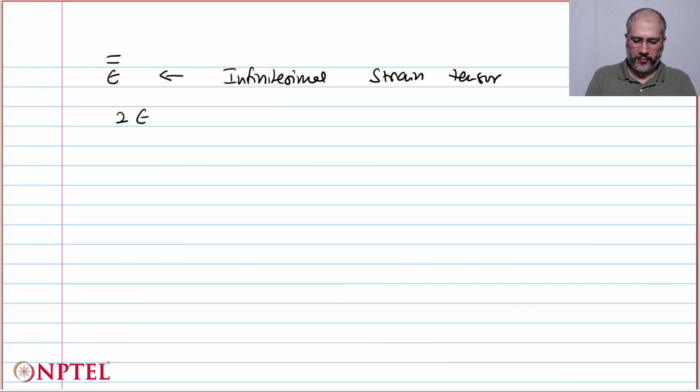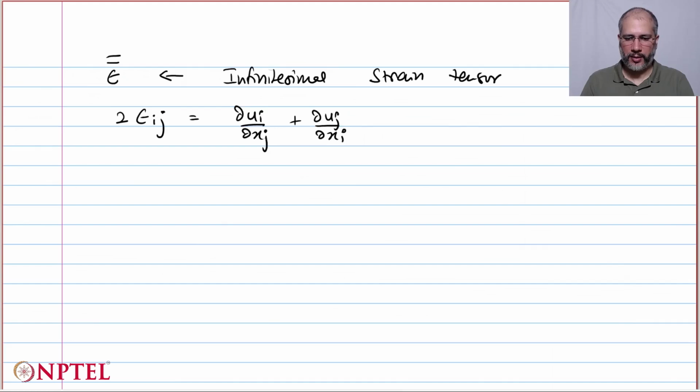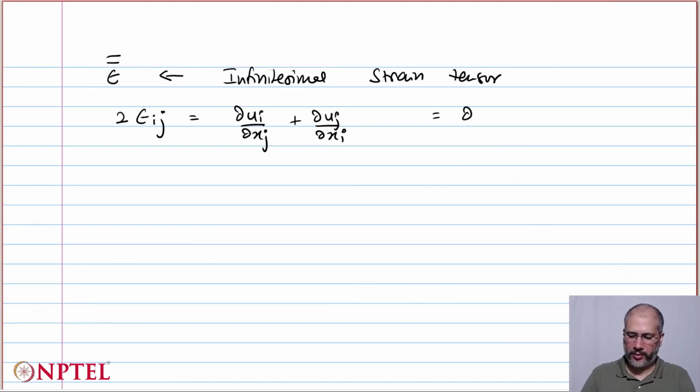And this will be defined as epsilon_ij is del u_i by del small x_j plus del u_j by del small x_i. Again, you can also write this as del u_i by del capital X_j plus del u_j by del capital X_i.